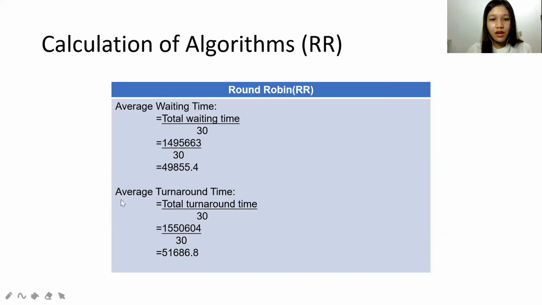Same goes for the average turnaround time. The total turnaround time is divided by 30, and we have 1,550,604 divided by 30, we get 51,686.8.